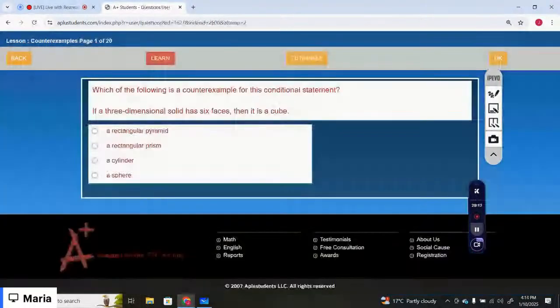Which of the following is a counterexample for the conditional statement? If a three-dimensional solid has six faces, then it is a cube. A rectangular pyramid, a rectangular prism, a cylinder, a sphere.